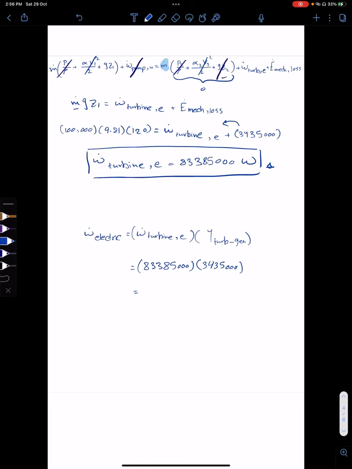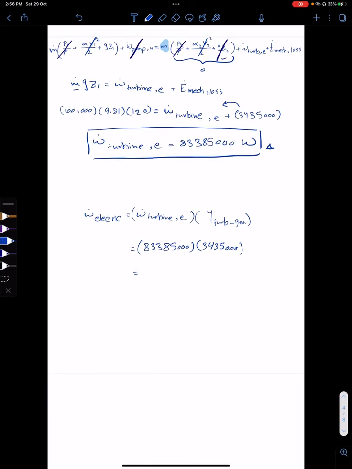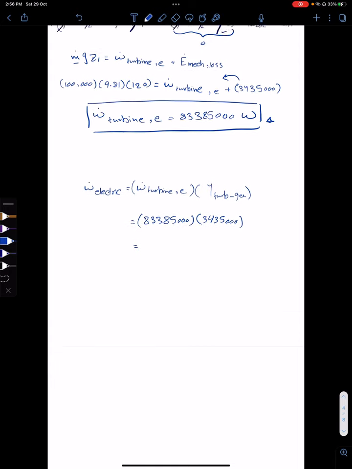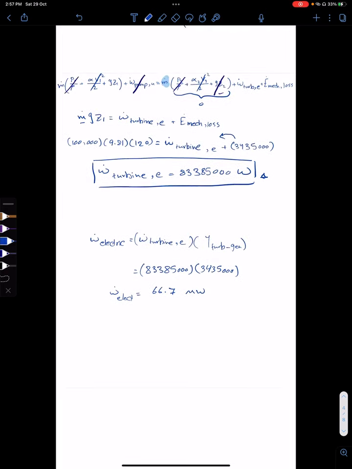It should give us a number, which I calculated to be in megawatts, not just watts, and it should be 66.7 megawatt. And that's the electric output, that's the result.